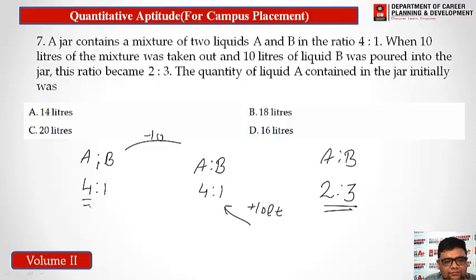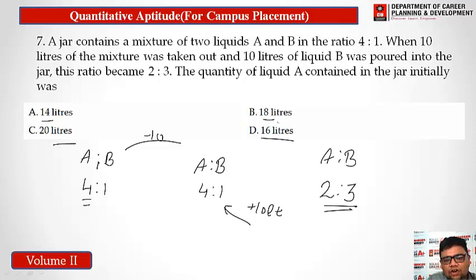So initially A has 4 parts, so firstly we have to take an answer which is a multiple of 4. 14 is not a multiple of 4, and 18 is also not a multiple of 4. So 16 and 20 are the two options left to us.